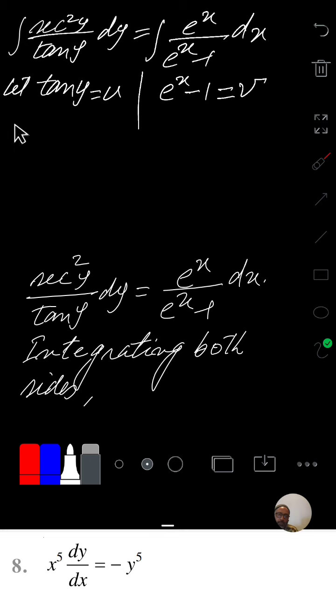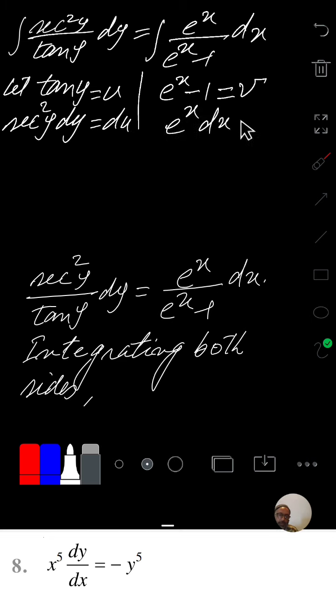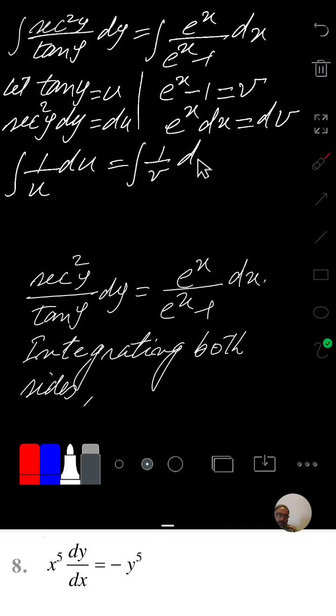Differentiating this equation, we get sec square y dy is equal to du. Differentiating this equation, we get e raised to the power x dx is equal to dv. So this equation becomes integral 1 over u du. On the right hand side, it becomes 1 over v dv.